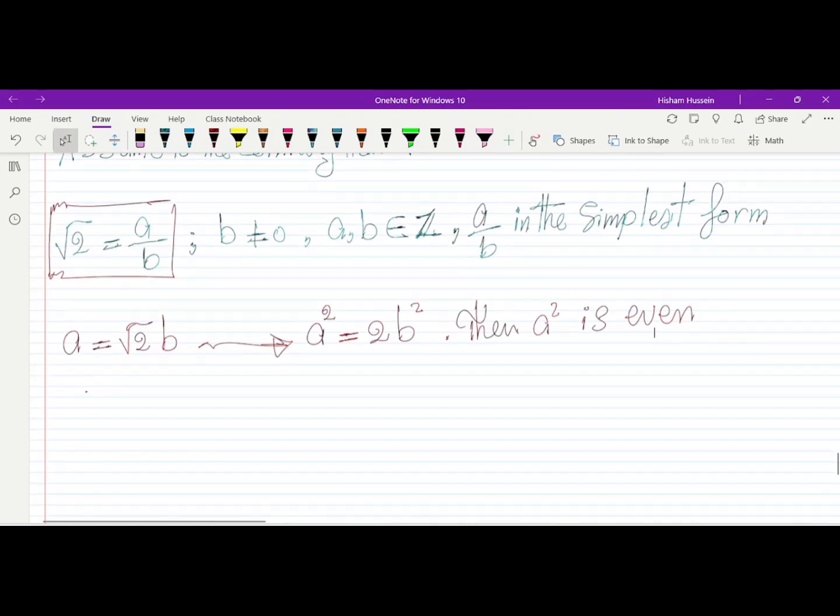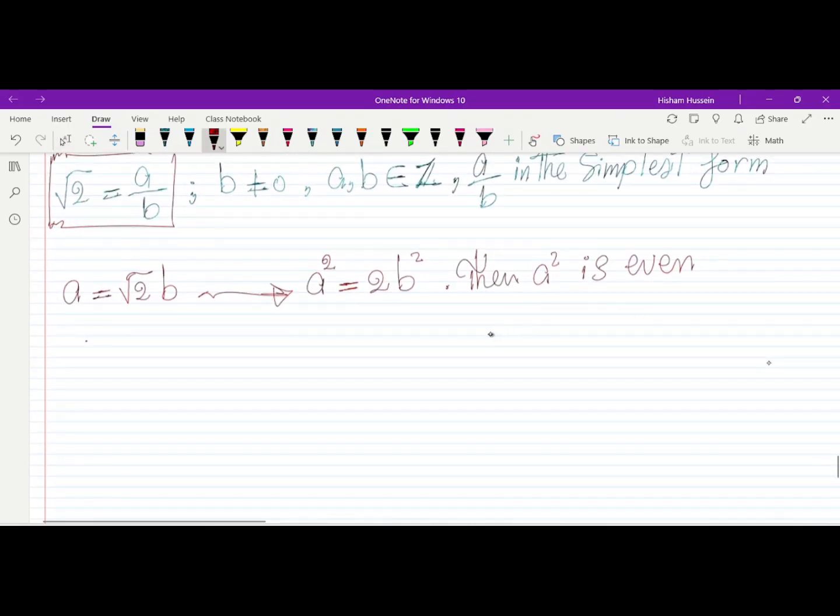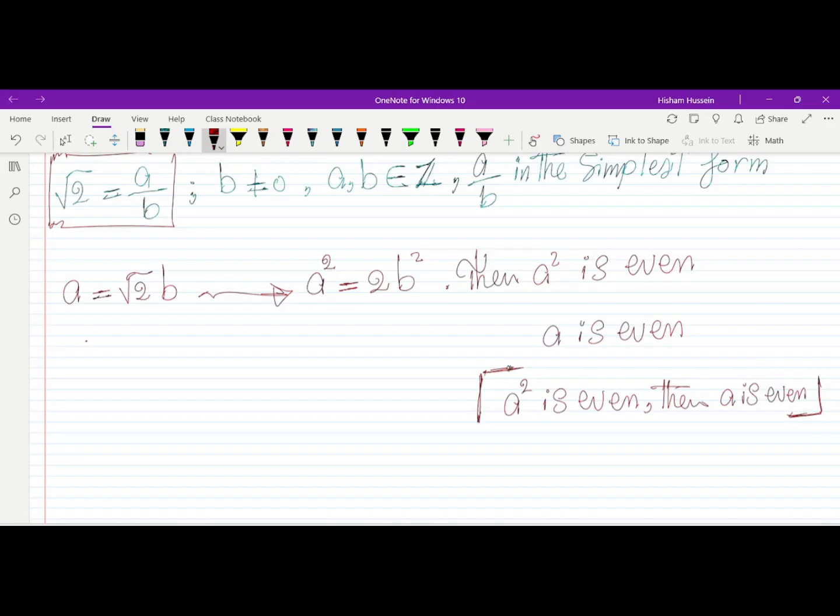And we already proved that if a square is even, a is even too. You have to provide a proof: if a square is even, then a is even.